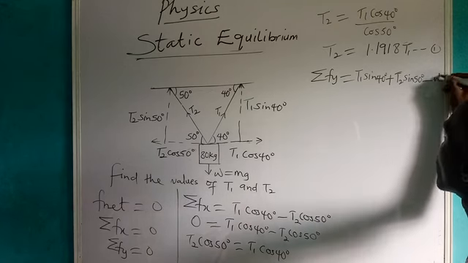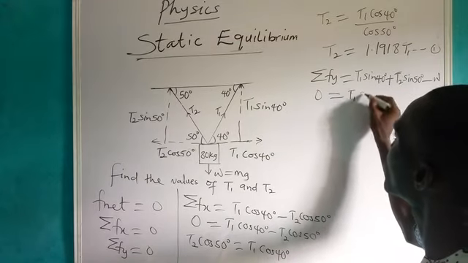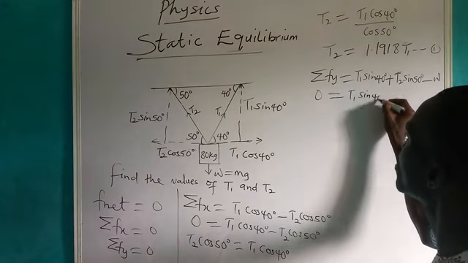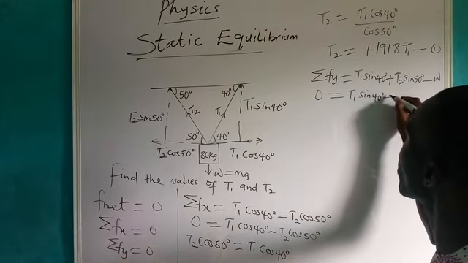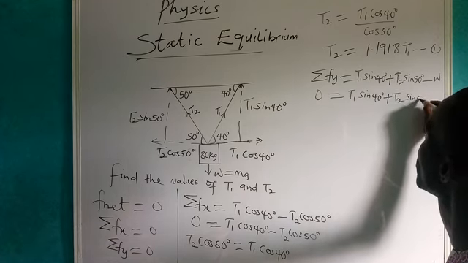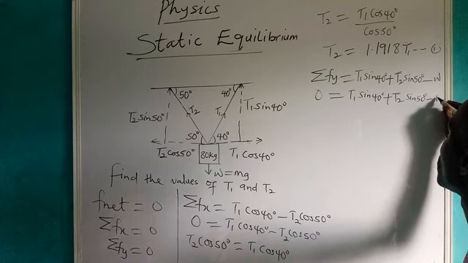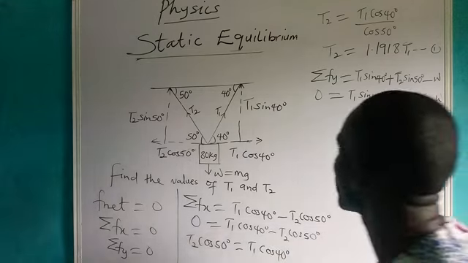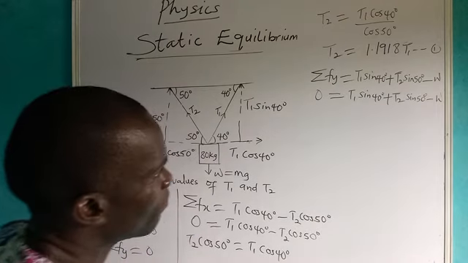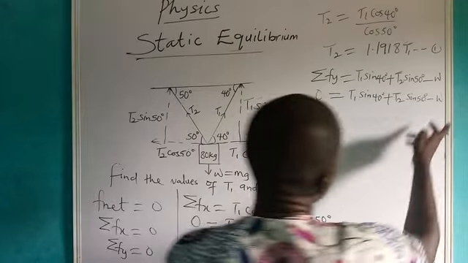Now what can we do here? It means that 0 equals T1 sine 40 degree plus T2 sine 50 degree minus W. Now I need to make one of them the subject. Let me take this one over.